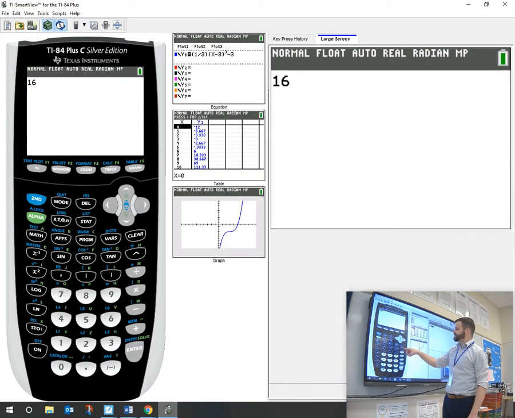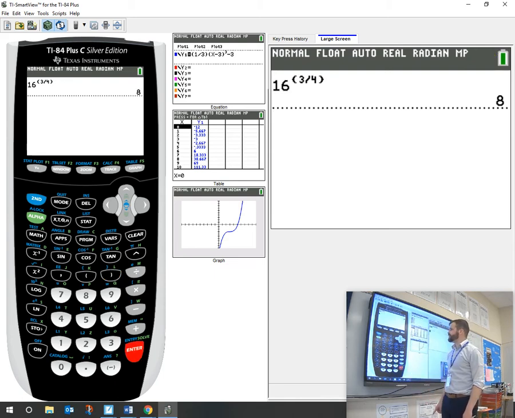So we're going to click this power button here on the right side, and that's going to put my cursor up in the top. And then I can just type in whatever I want my power to be, and I want this one to be 3/4. So we're going to put little parentheses just to be certain, and we're going to go 3 divided by 4. And then 16 to the 3/4 is 8.